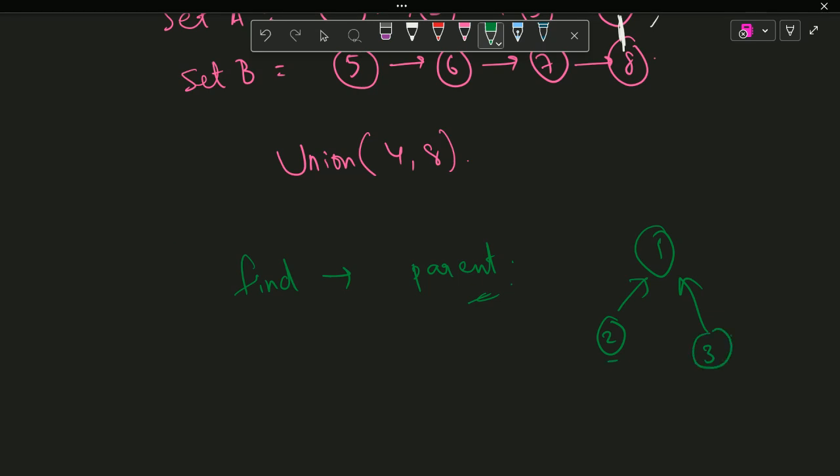Who is the parent of 2? 1 is the parent of 2. Who is the parent of 3? 3's parent is 1. Now, coming to this root element, who is the parent of 1? Parent of 1 is itself. 1 will be the parent of itself only. This is the union and find.